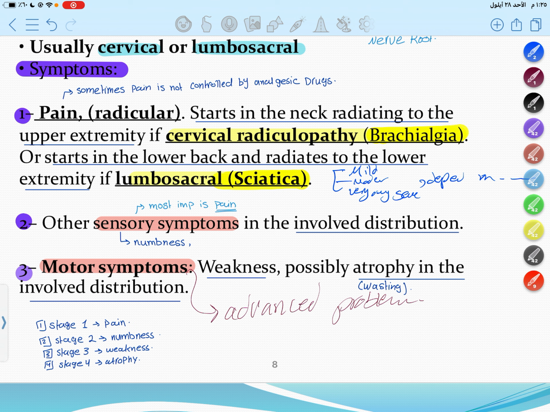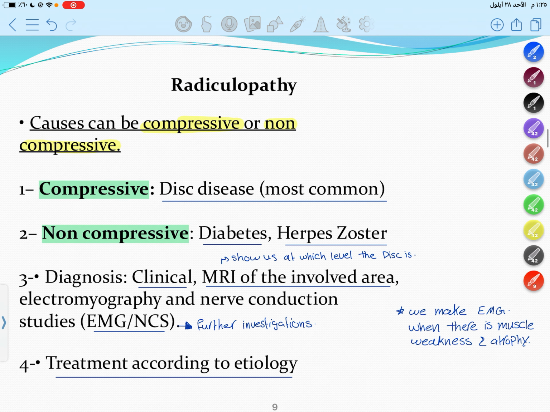Now, what are the causes of the root problem, radiculopathy? We divide them into two categories. One is called compressive, and the other one is called non-compressive. The common thing for the compressive, most of you know, is a disc problem, discopathy, the most common.